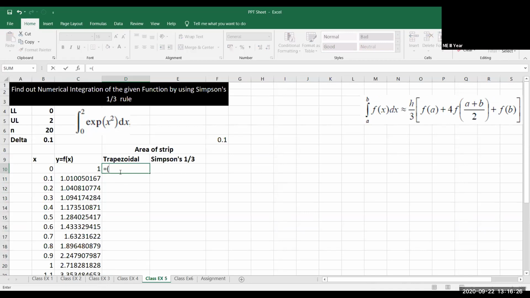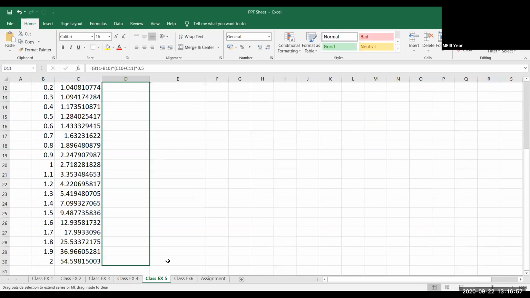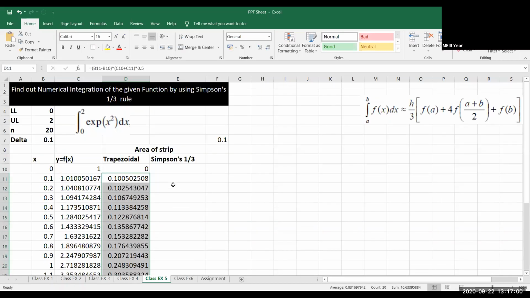So the first cell value will be 0. In the second cell, you have to start with the equal sign, b minus a, this into (fa plus fb) into 0.5. So this is our value. You have to drag, and the same formula will be copied to the last cell. Yes. So this is our integration.